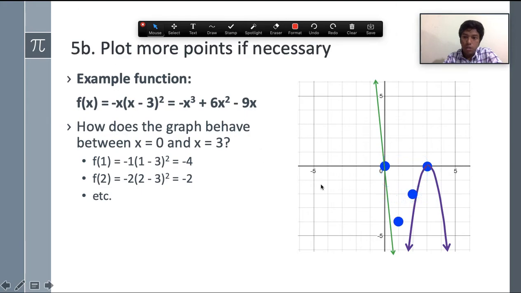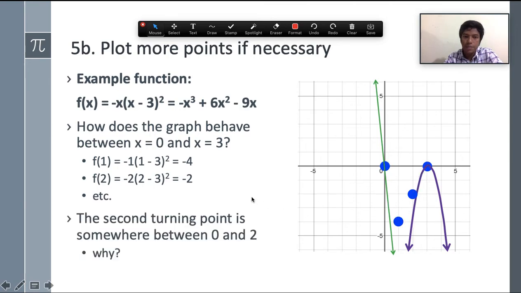So we put these 2 points, and we get that the graph is coming somewhere like this. We can decide that the second turning point is between 0 and 2, because it is coming down, then this point, then up. So somewhere here we have another turning point. If you plot these 2 points, you get a better sense.